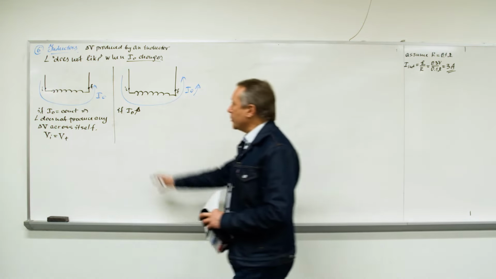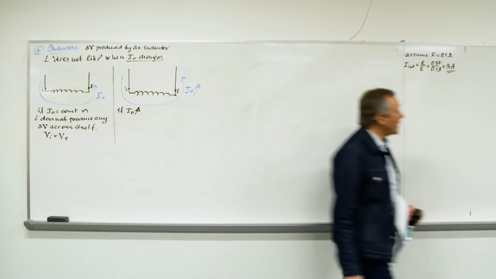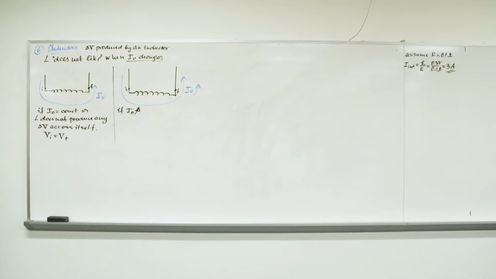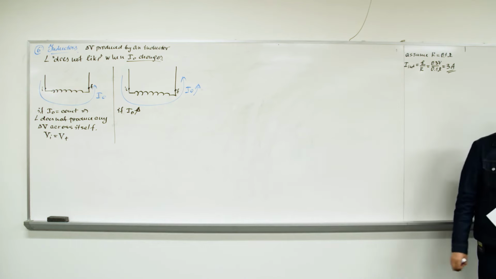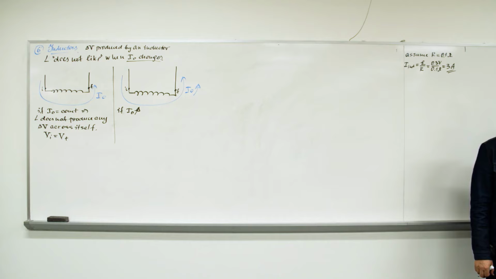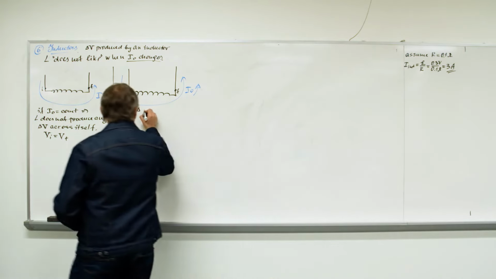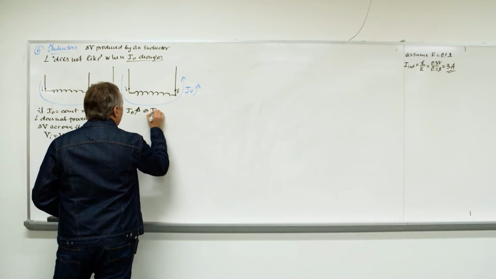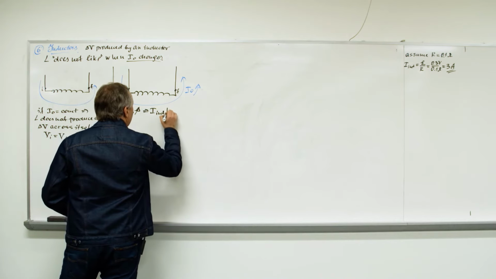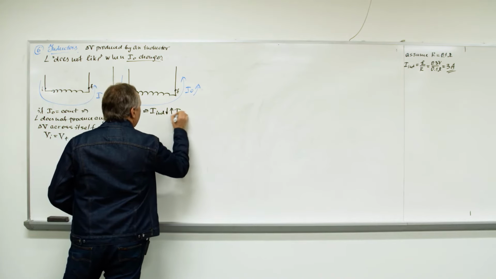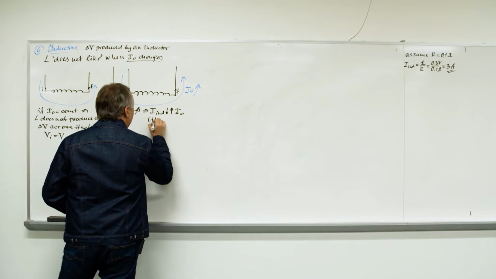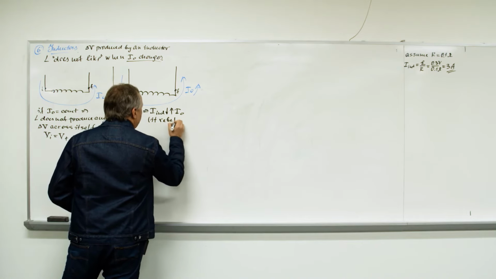So what's the response of the solenoid in this case, of the inductor? That's what I wrote over here. In this case, it rebels using its internal energy. It means that the induced current will be in the direction opposite to the direction of the original current. So let me write underneath it, rebels.